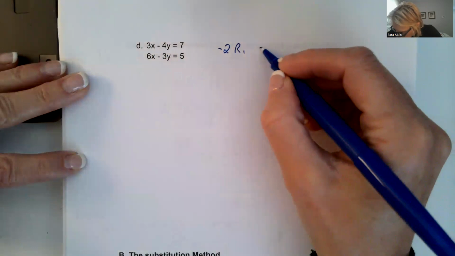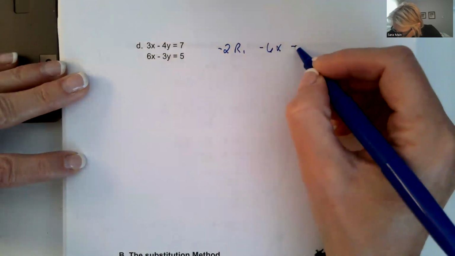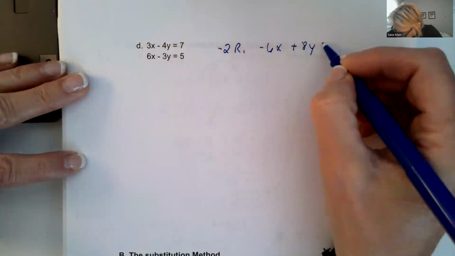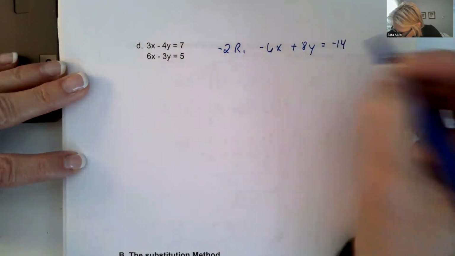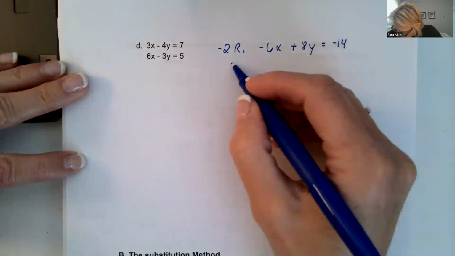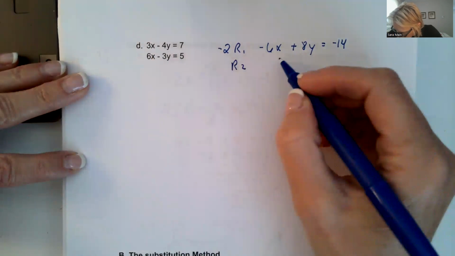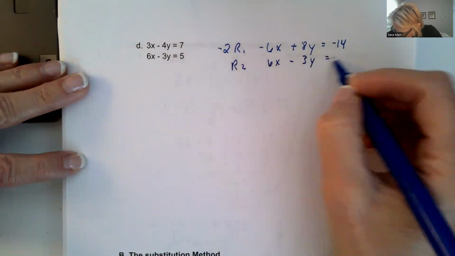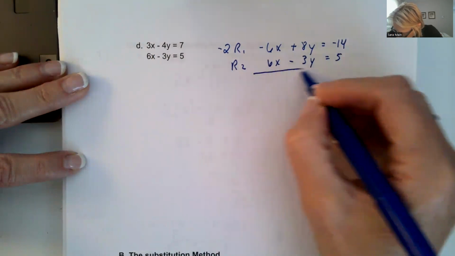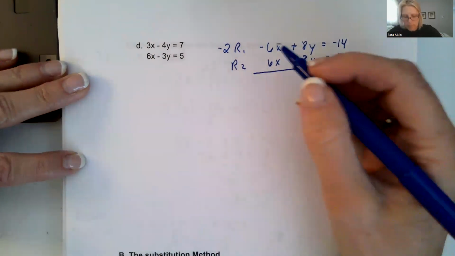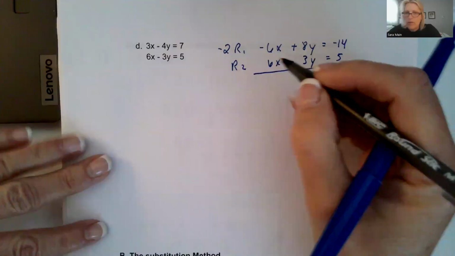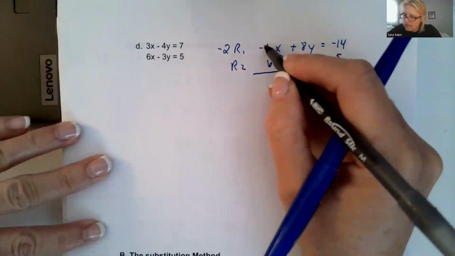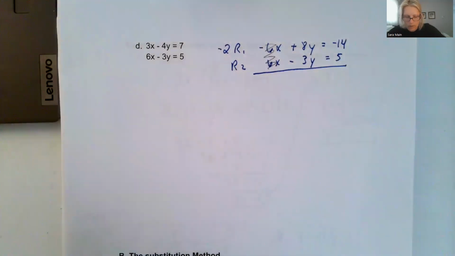So this will become a -6x plus 8y equals a -14. I'm going to keep row 2 the same. Now when I add them, the 6x and -6x terms add to 0.